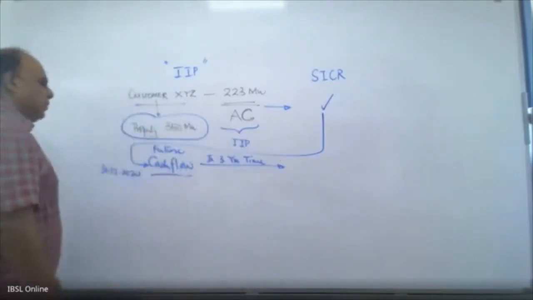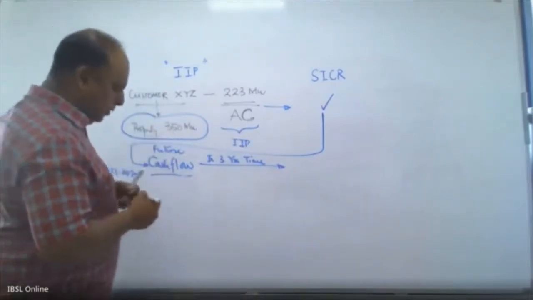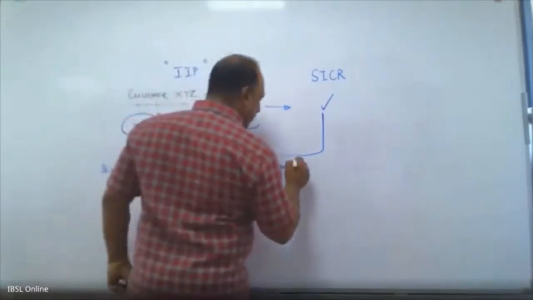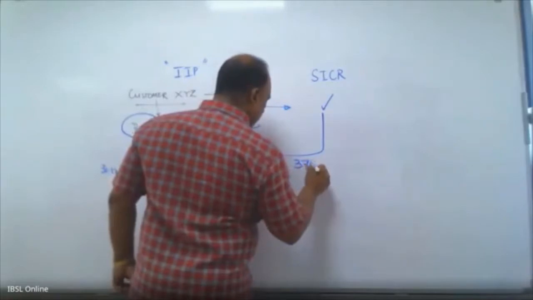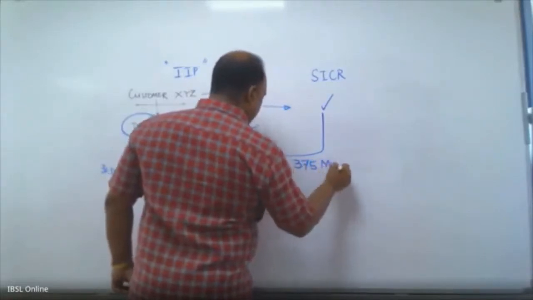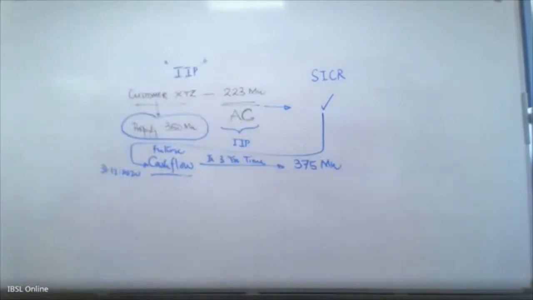and get the money and settle my loan. So after 3 years' time, you expect this property to be, let's say, 375 million. After 3 years, you expect this to be 375 million.